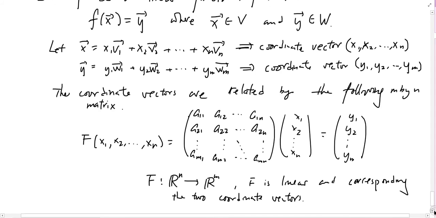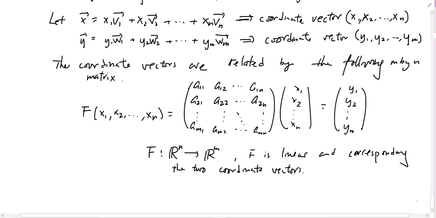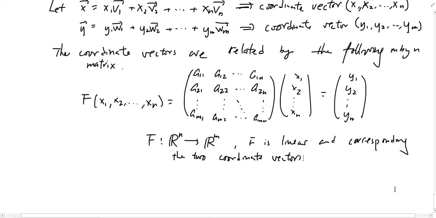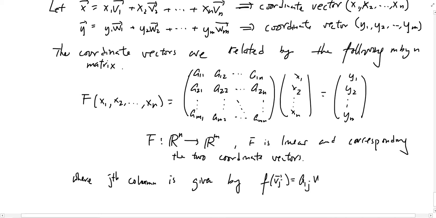Now the question comes down to then, how do we actually define this matrix? Well, this matrix is defined this way. In this matrix, each jth column is given by f of vector vj equals a1j w1 plus a2j w2 plus dot dot dot plus amj wm.